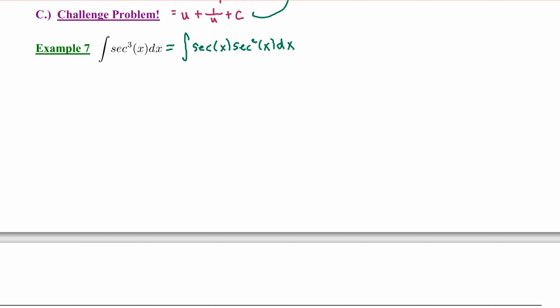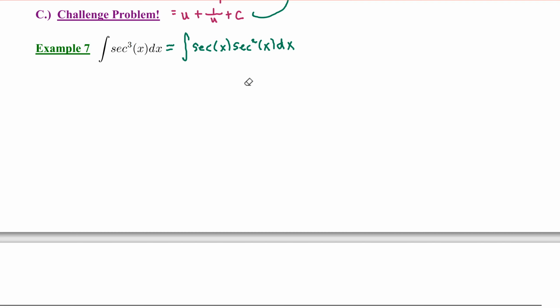Now, looking at the two factors in our integrand, we see our secant squared of x. We know that that is an easily recognizable derivative of the function tangent. As far as the other factor, secant, we don't recognize secant to be the derivative of a common function, but we know that we can differentiate it. So, do you know where I'm going with this?